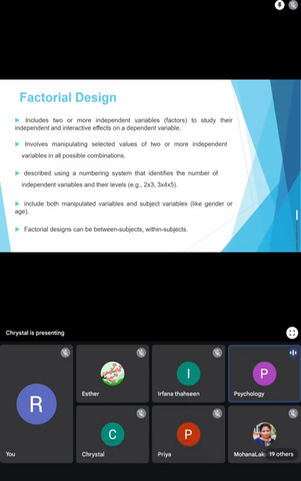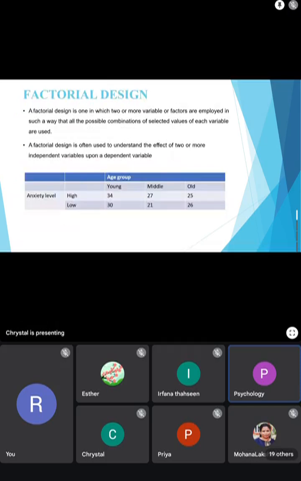Okay, so madam, next slide. I've already told you, this example is given in our text on page number 196, and they are giving a couple of definitions on page 195, talking about what a factorial design means and what factorial experiments are.